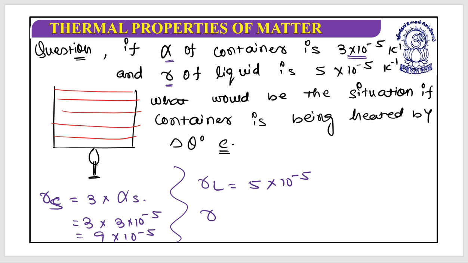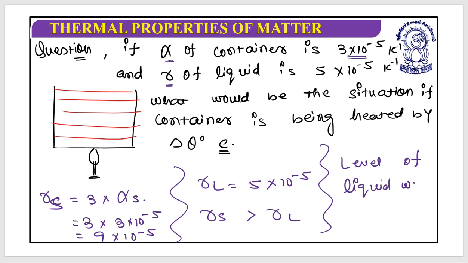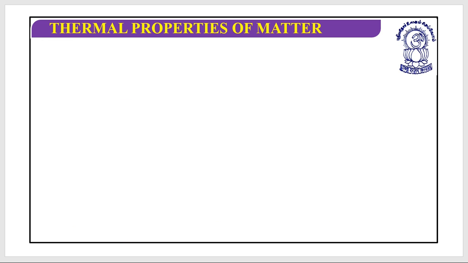So as I observe that gamma of solid is greater than gamma of liquid, the level of liquid will fall. I hope this is clear.